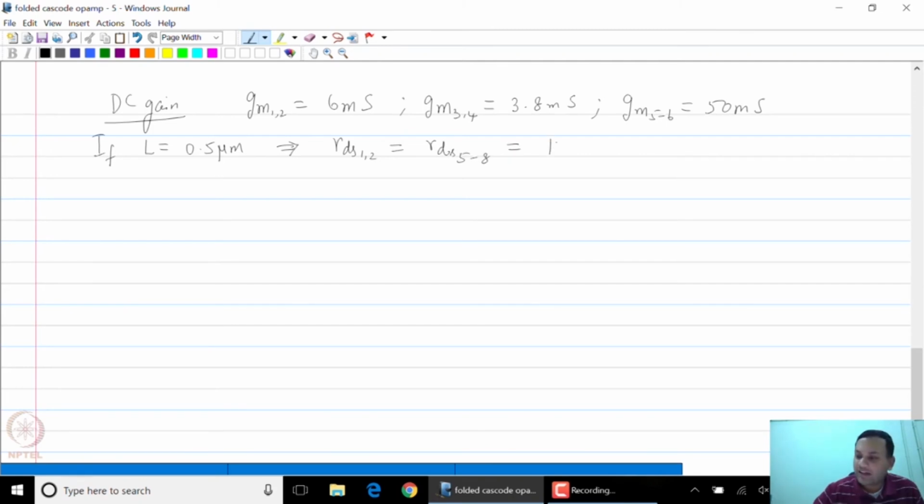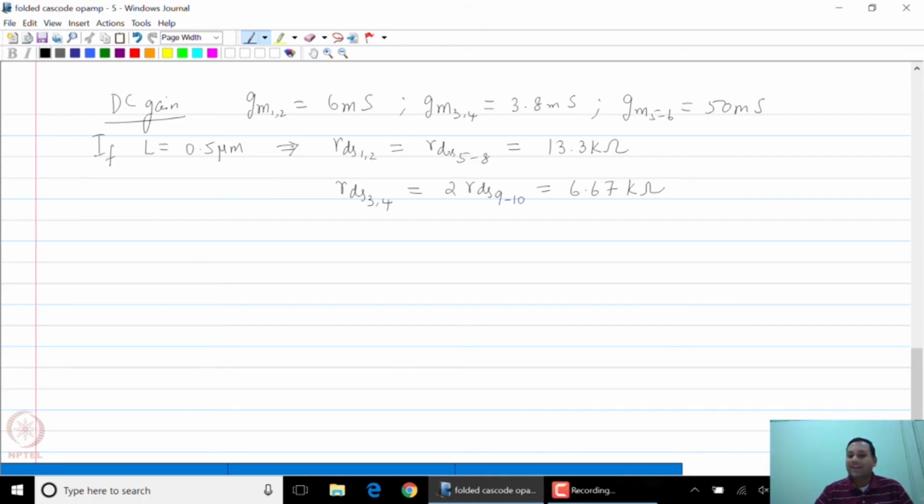These would be approximately 13.3 kilo ohms. RDS of 3 and 4 would be twice RDS of 9 and 10, which is equal to 6.67 kilo ohms.